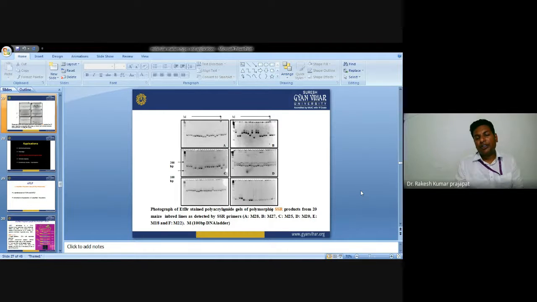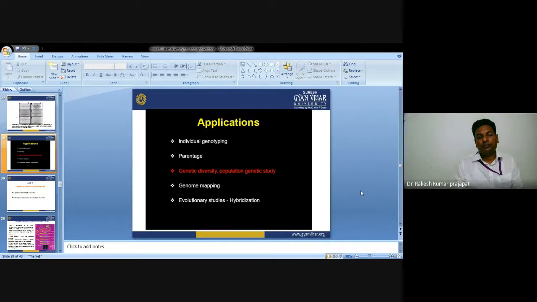So this is the figure representation of the SSR molecular markers. Applications of the individual genotyping. Genotyping can be done by using this application.